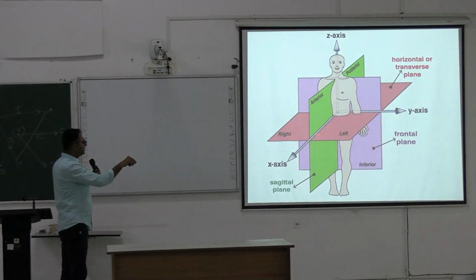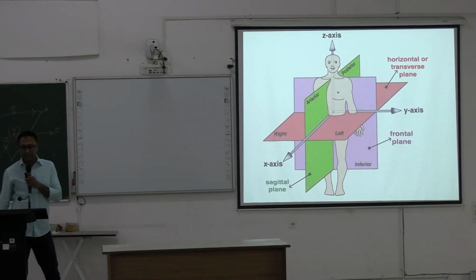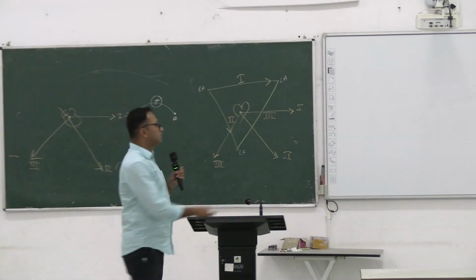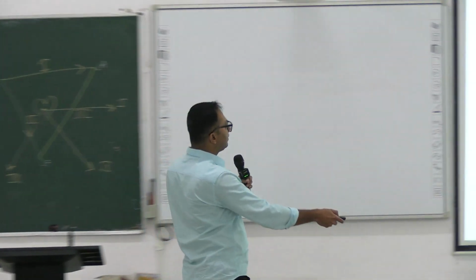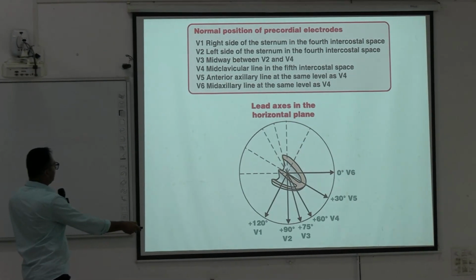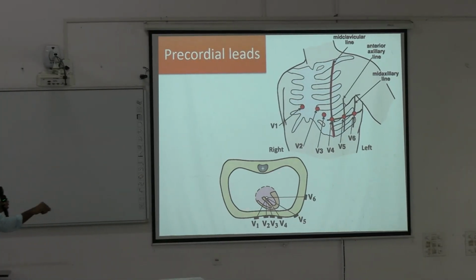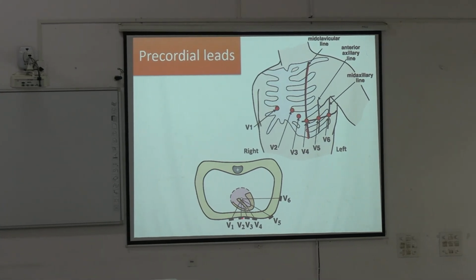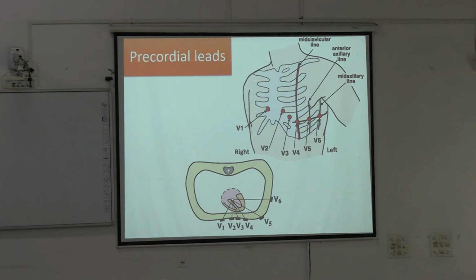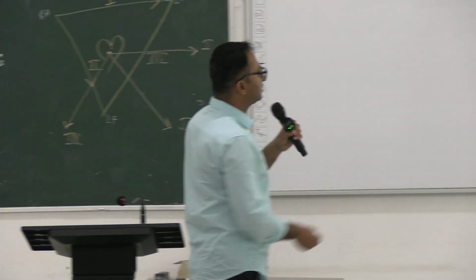And in this transverse plane, all the precordial leads or the chest leads are located, right? Now see the location of the chest leads, and you need to remember the location of the chest leads. So here is the location of chest leads. So it is a transverse section, and you see the location of chest leads surrounding, right? I guess the locations are already written over.